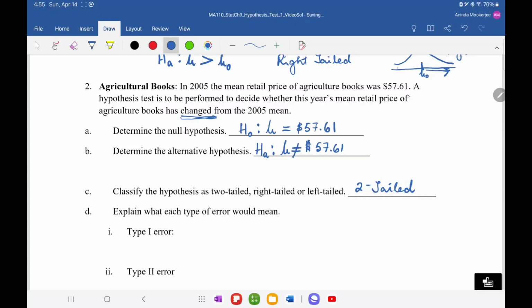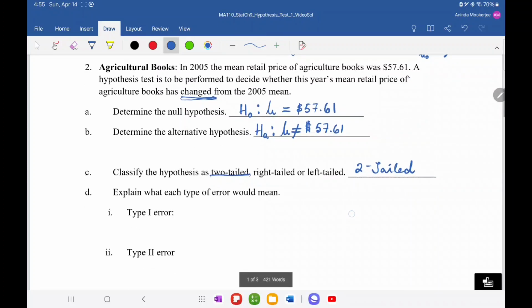It could be less or it could be greater than the present null hypothesis mean. That's what makes it two-tailed. So to classify, it's two-tailed. That's the answer. Now, part D says, explain what each type of error would mean.